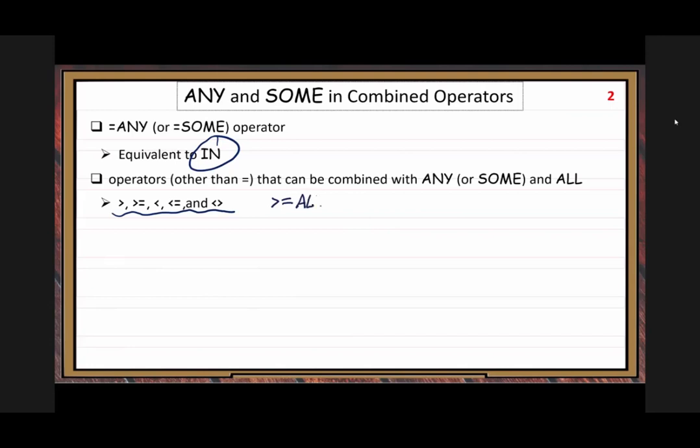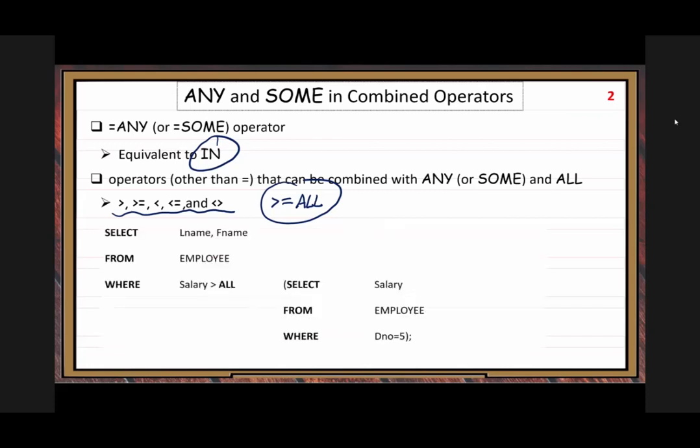Now you can see the current tuple's value is greater than or equal to all the values in the list of the table. Straightforward understanding.